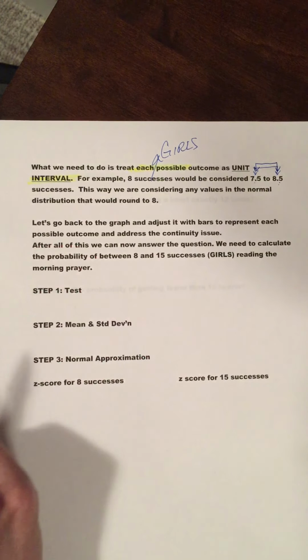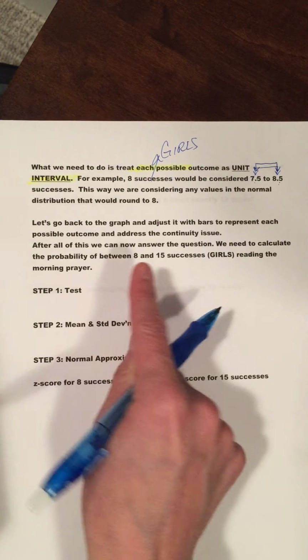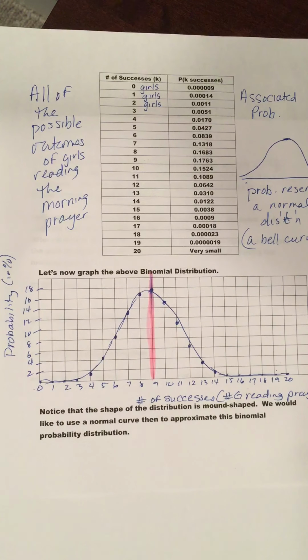So hold on. Let's go back to our graph and adjust with some bars. Okay, so if everybody can pull out their graph, you're just going to have to trust me and bear with me. I'm going to get a red pen.